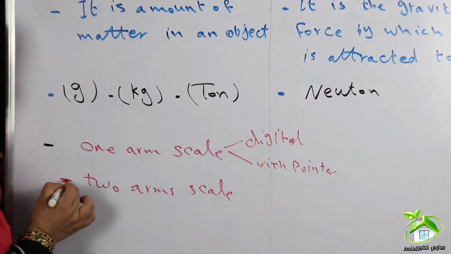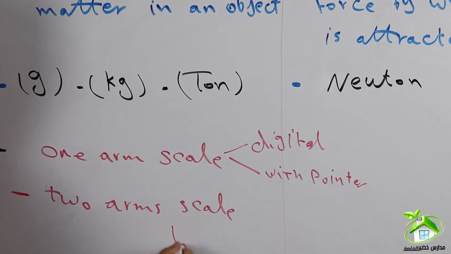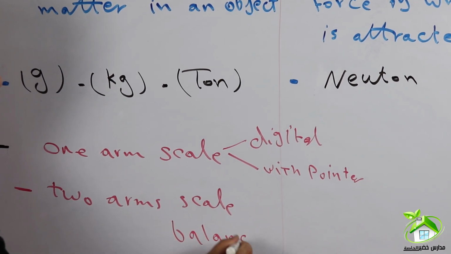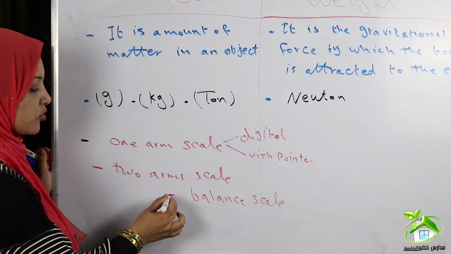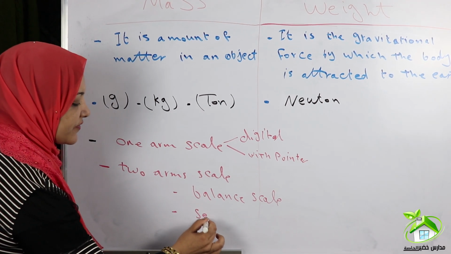But the 2 arms scale is the balance scale, or the sensitive scale.